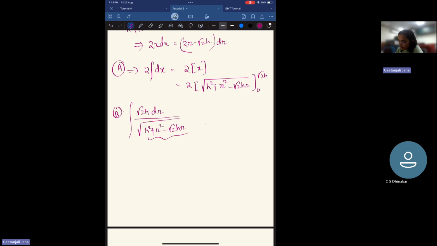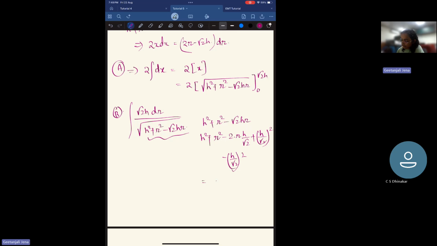This you can take h square r square root 2hr. This is 2r h by root 2 plus h by root 2 square minus h by root 2 square.